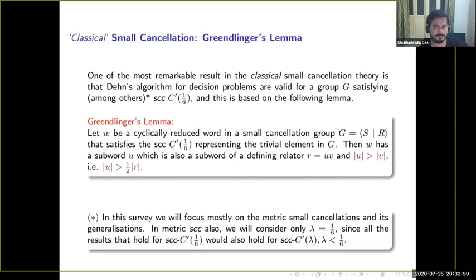What Greendlinger proved is supposedly the most remarkable result in small cancellation theory. Not only in the classical small cancellation theory, but in the various other generalizations that small cancellation theory has, in every small cancellation type theory there would appear something like a Greendlinger lemma in a different avatar, maybe, but that's a crucial result.